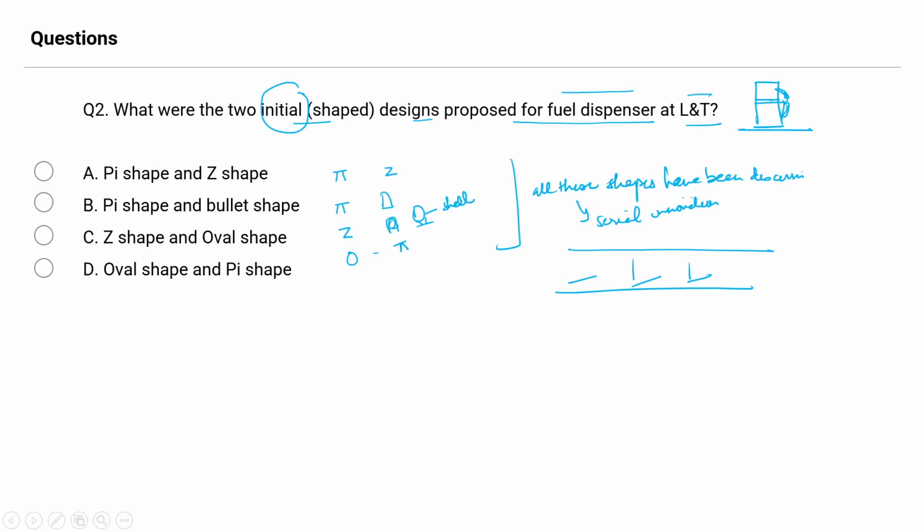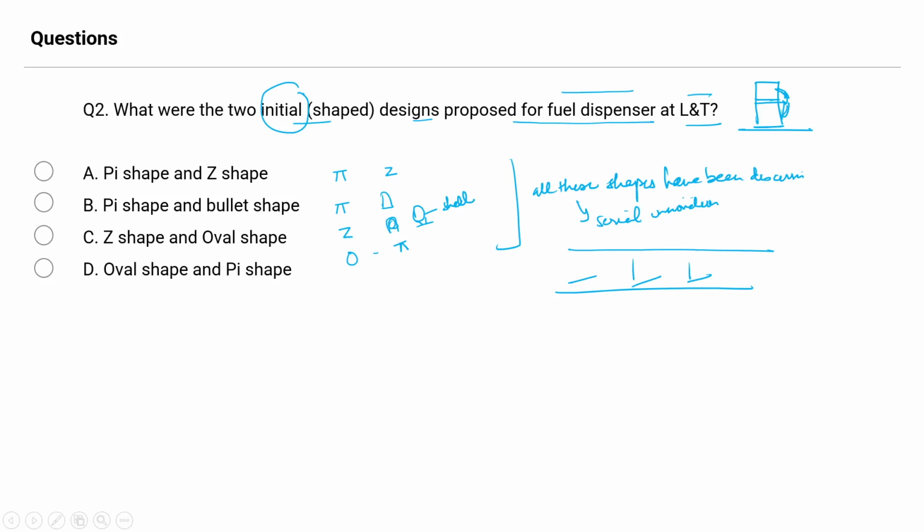If you see the chronology of how the petrol pumps were shaped, how it started, and how the Z line came, and then the bullet, and then the oval shape. Let's take a minute to think upon the different shapes, and then we'll see what are the correct answers for this.